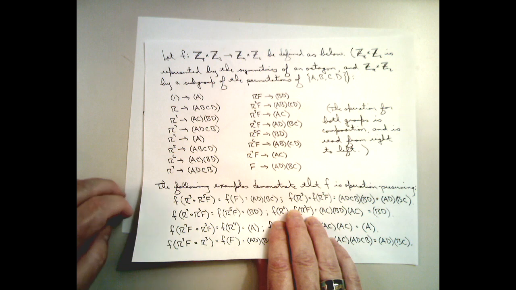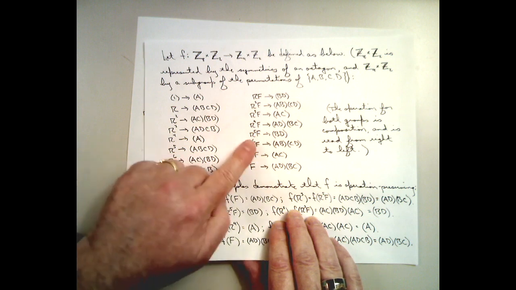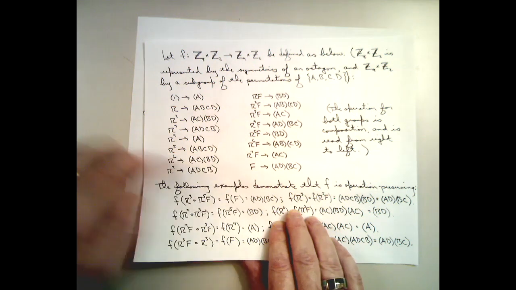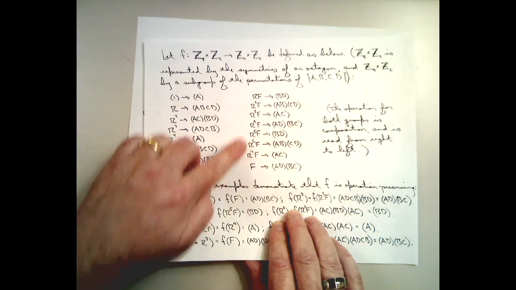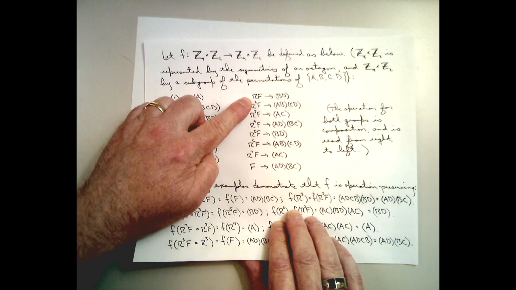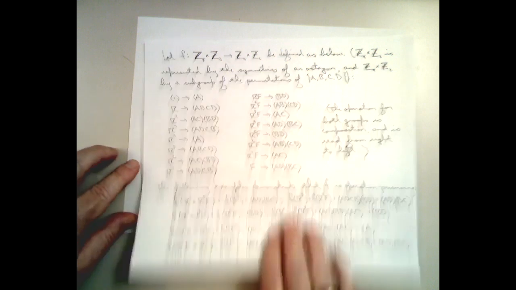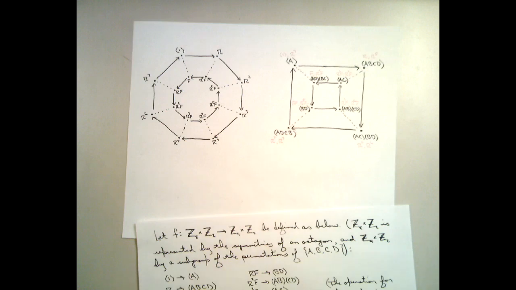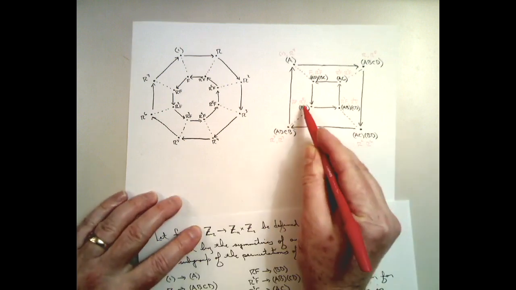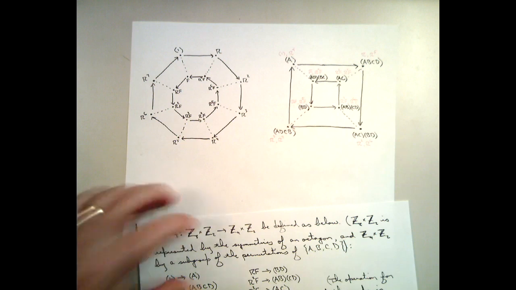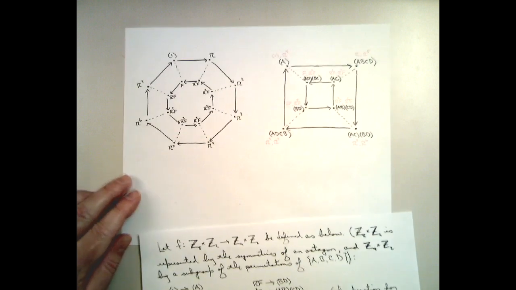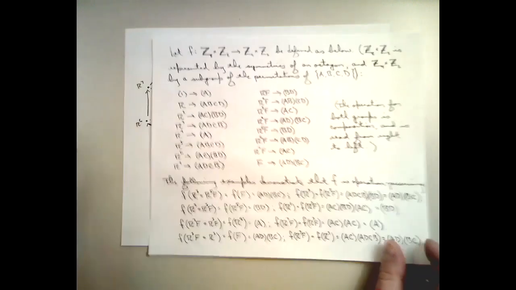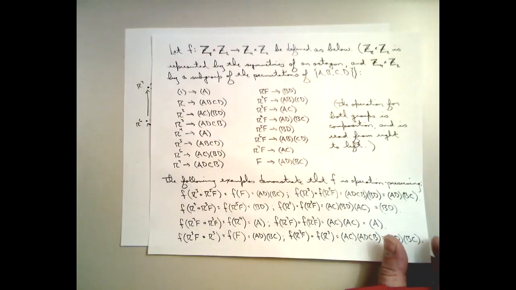It sends R5F to BD, but what else gets sent to BD? It sends RF to BD. So where's BD? There it is. And sure enough, I have RF and R5F both being sent to BD. So this is just another way of looking at the definition of my function.